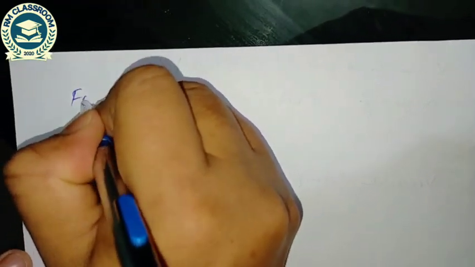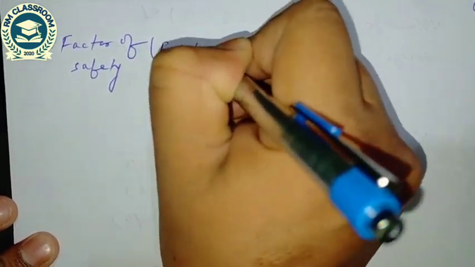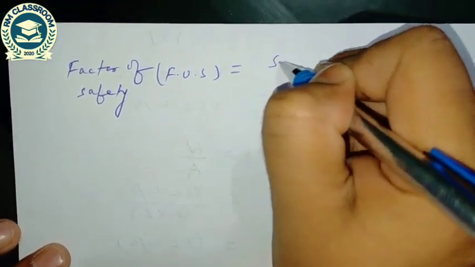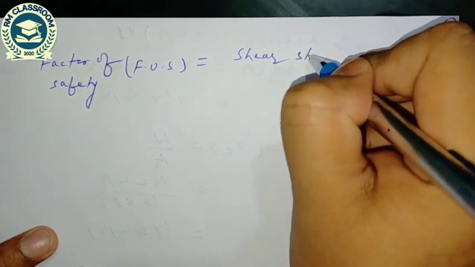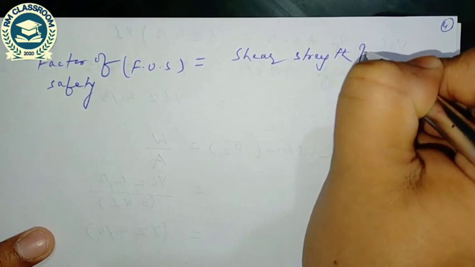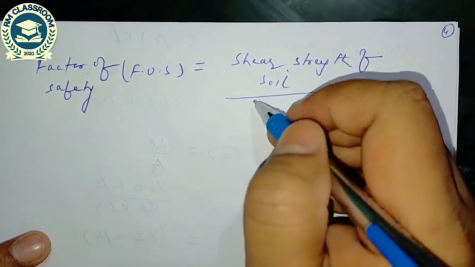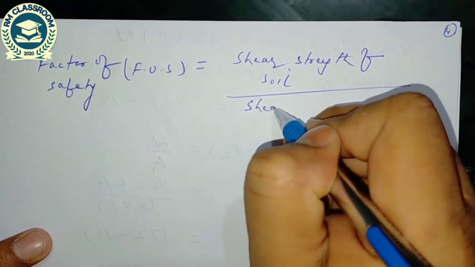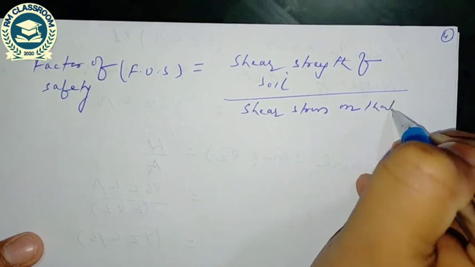So factor of safety is nothing but shear strength of soil divided by shear stress on that plane.